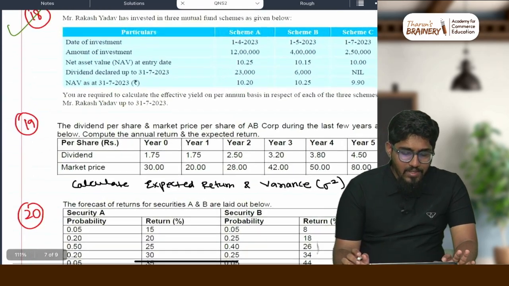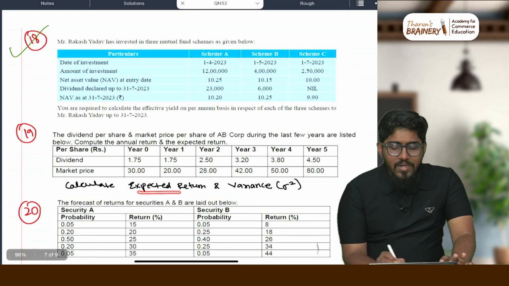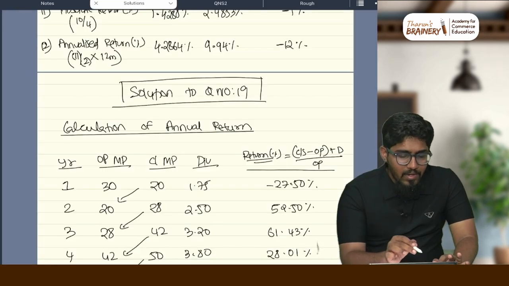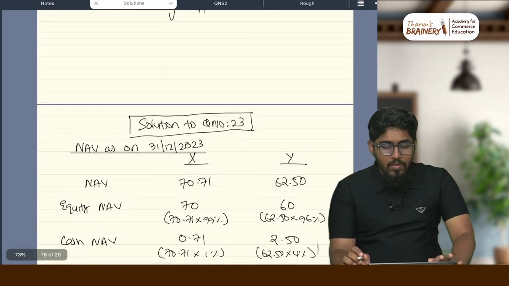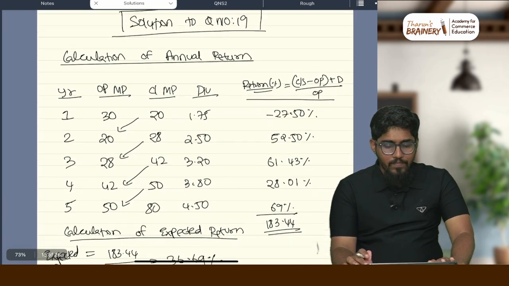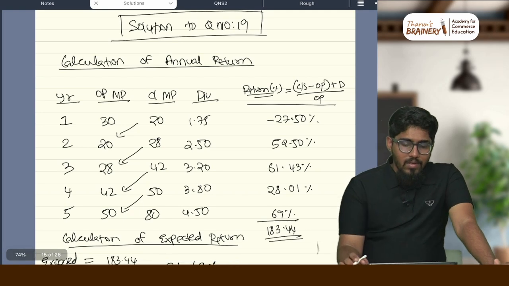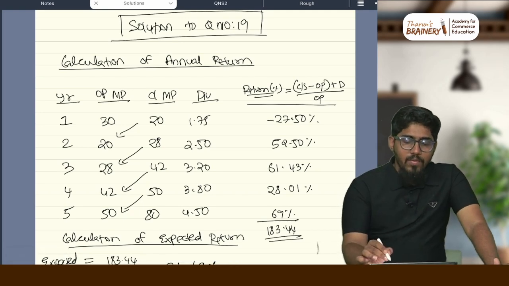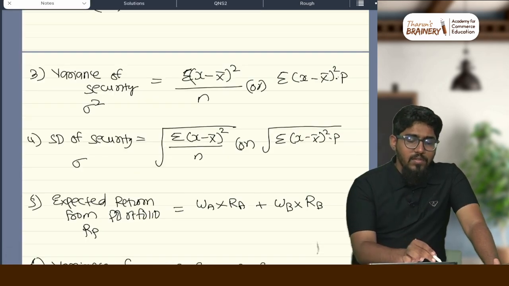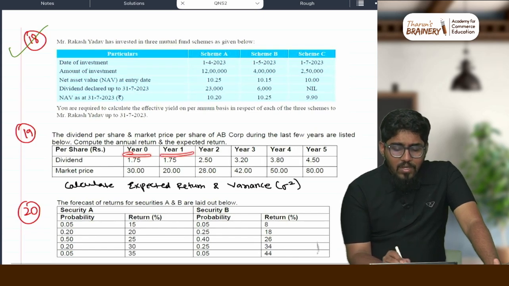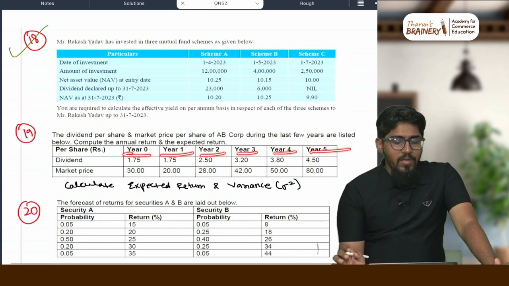question number 19. Calculate expected return and variance. Sir, how to solve this problem? First, see year 0, year 1, year 2, year 3, year 4, year 5.